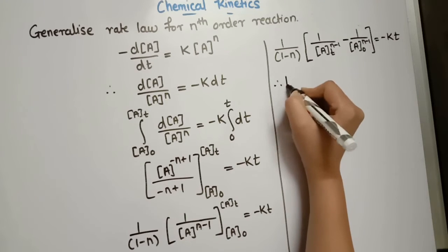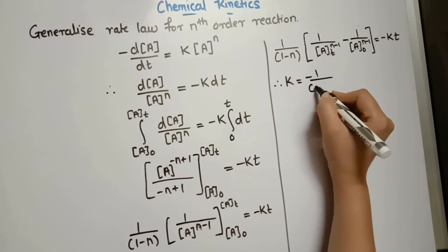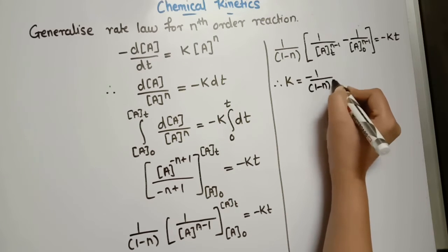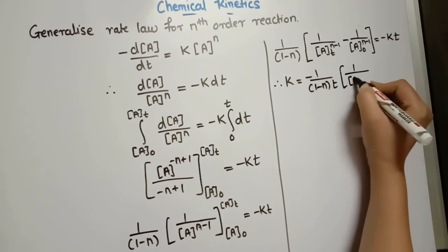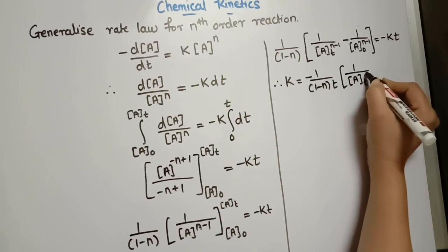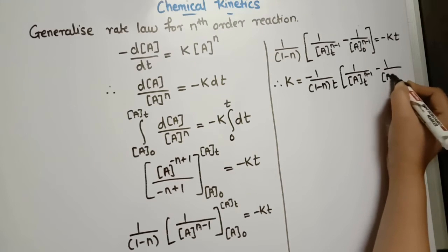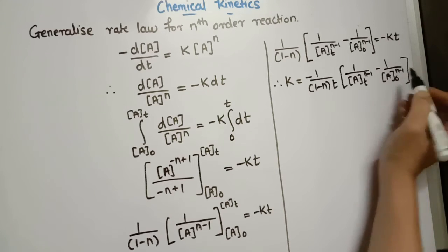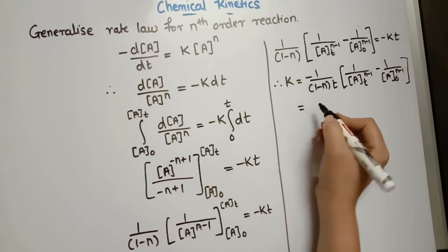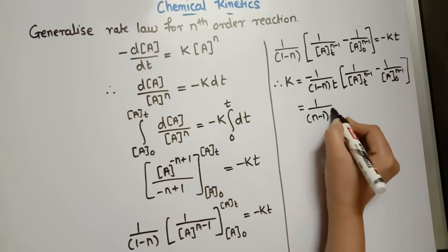Therefore, k is equal to minus 1 upon 1 minus n t, this bracket as it is, so merging this minus sign, here we can write n minus 1 t.